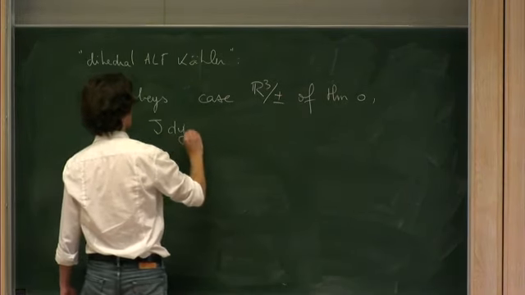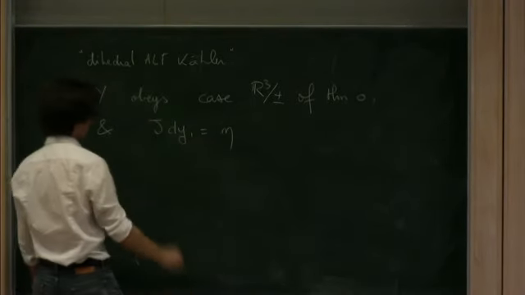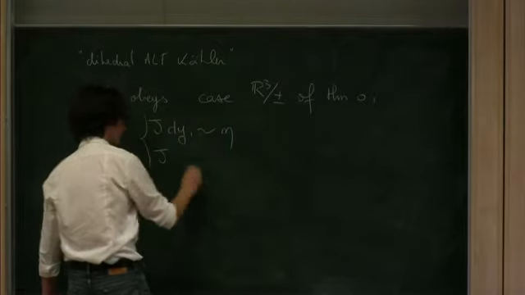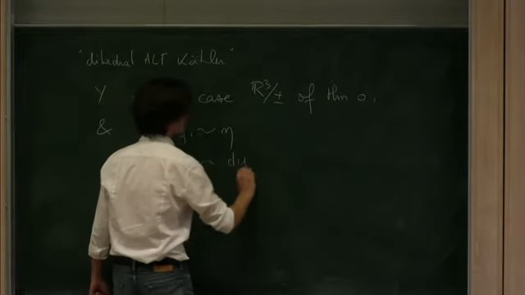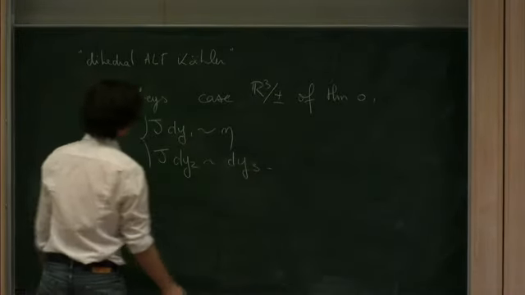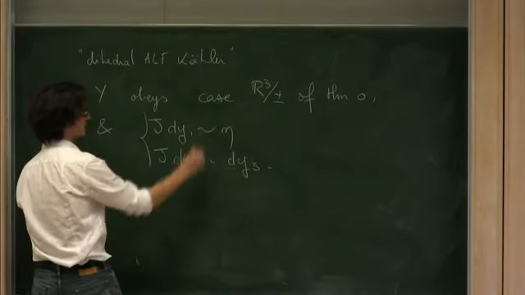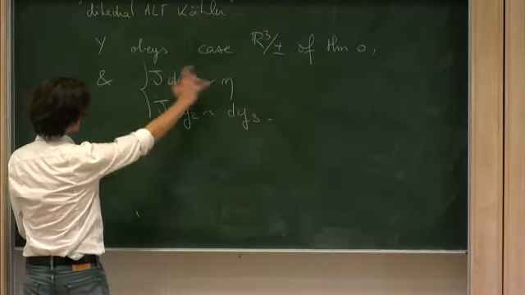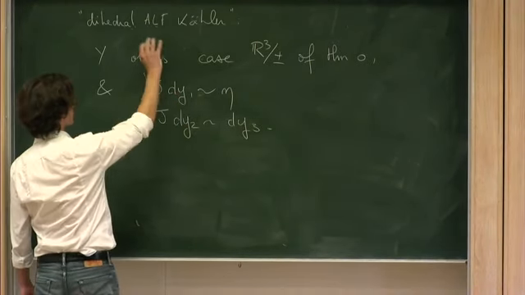J dy1 is asymptotic to eta, and J dy2 is asymptotic to dy3. So I'm hiding a little bit of complicated stuff in the asymptotics here, but this already gives a good picture of what you require on your Kähler manifold.